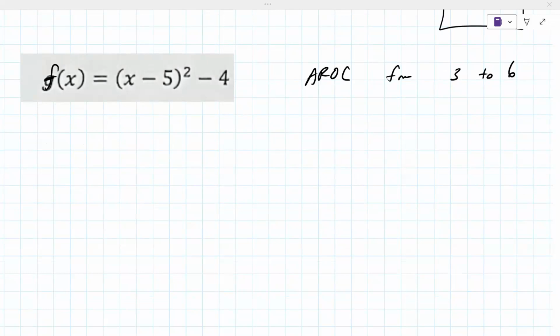My paper keeps flying all over the place. Okay, I got -1 is the final answer.